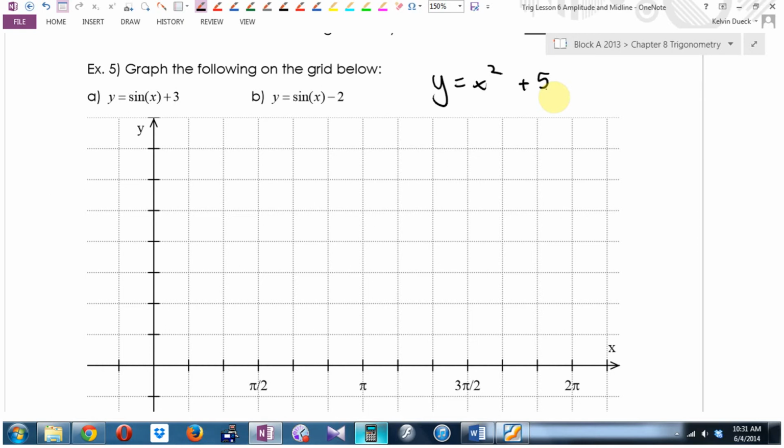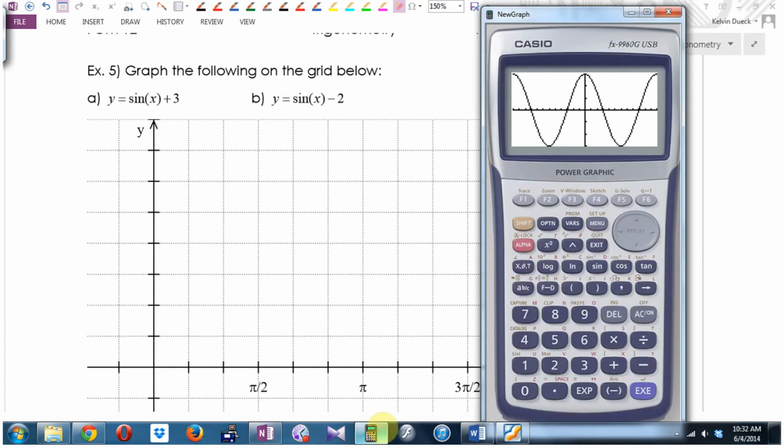Didn't make it wider. This number here gave you your wider and skinnier. What did a plus 5 after the x squared do? Moves it 5 up. Remember that? That was your vertex.